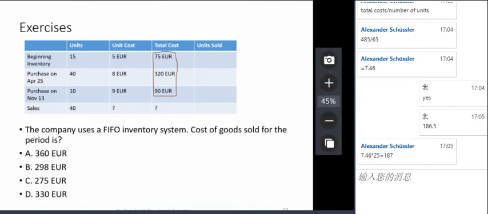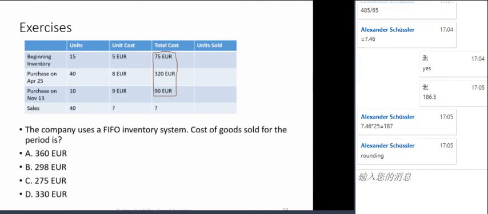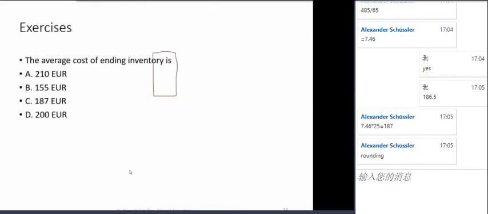You have to round, but the correct answer is 187. Very good. Does that make sense?